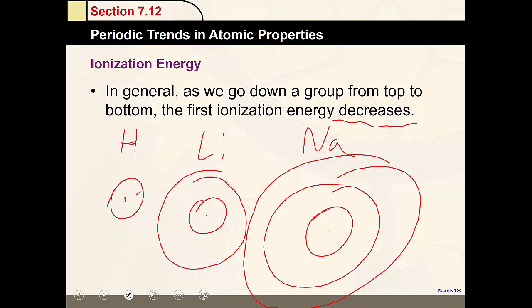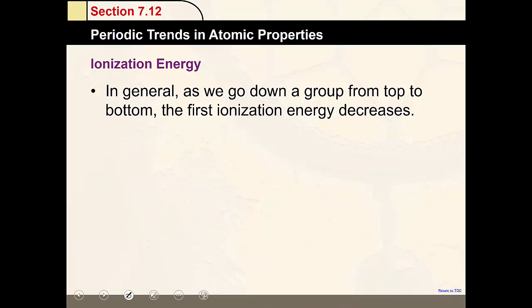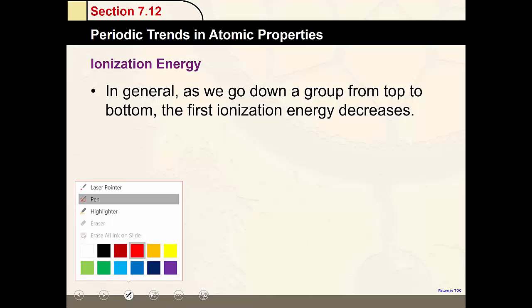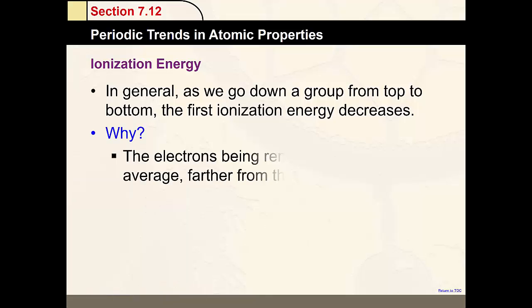So the outermost electron gets farther and farther away from the nucleus as you go down a group. So that's why it decreases, because it's easier to remove an electron farther away from the nucleus. Even though there's more protons, even though the effective nuclear charge is increasing as you go down a group, the electrons are much farther away from the nucleus.